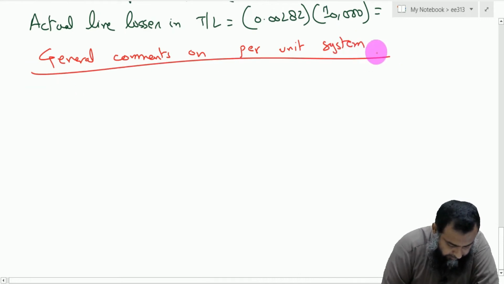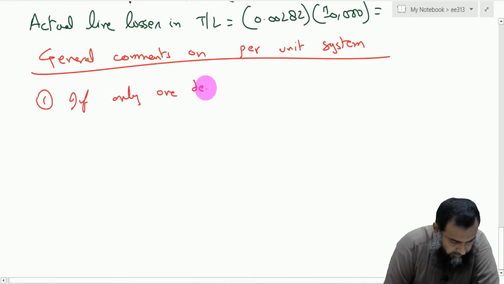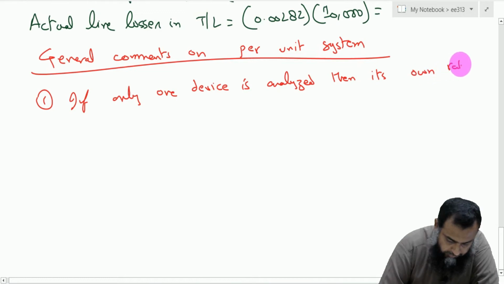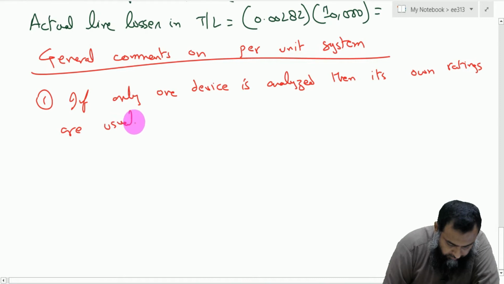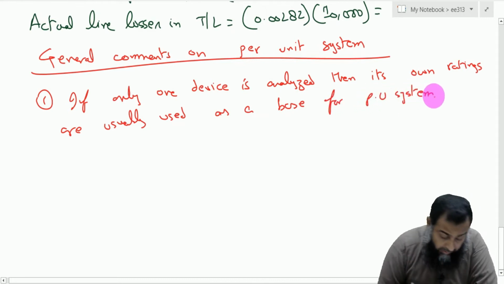The first thing, if only one device is analyzed, then its own ratings are usually used as a base for the per unit system. This is the first thing, right?